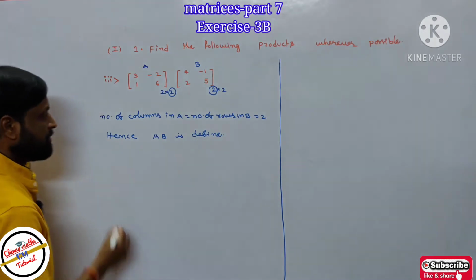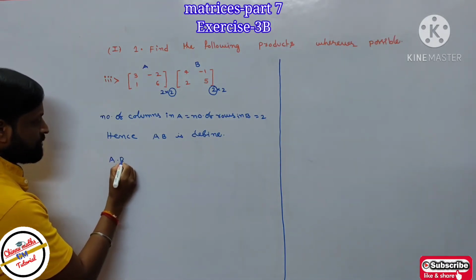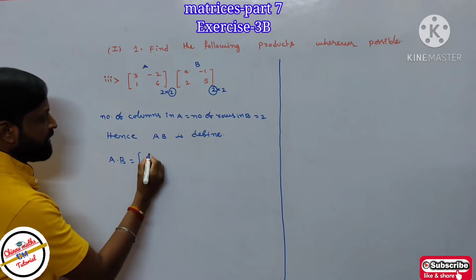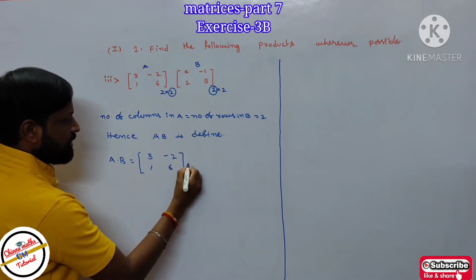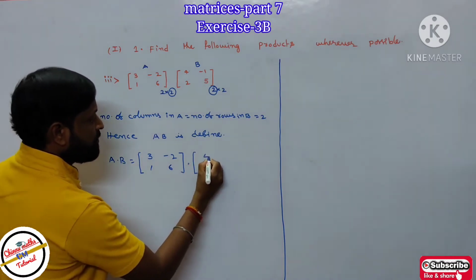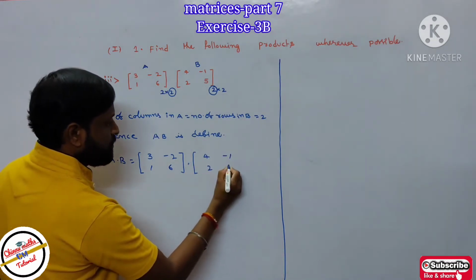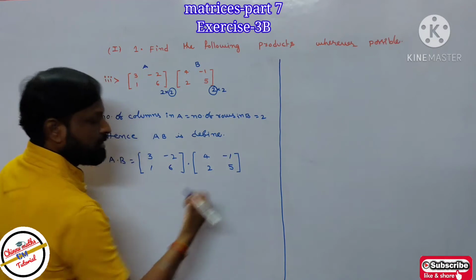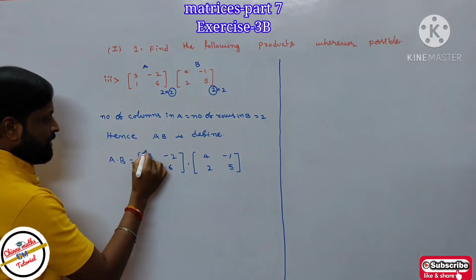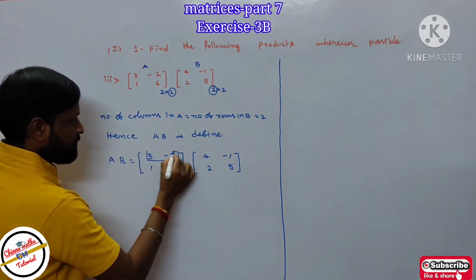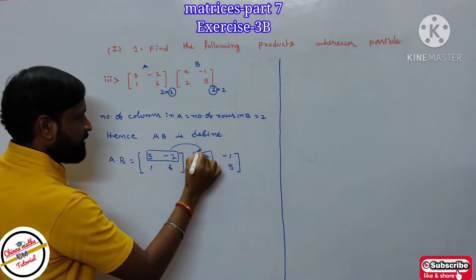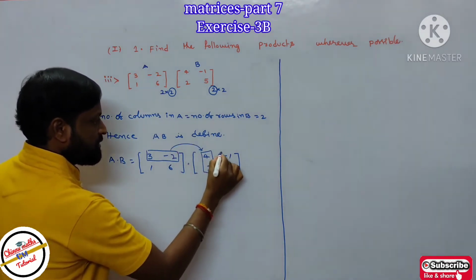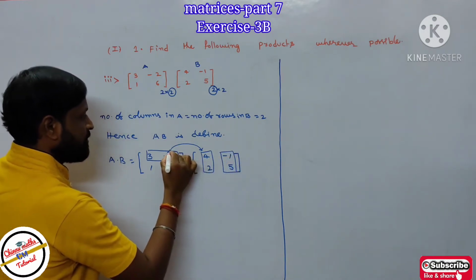Then you can multiply. The product of AB: what is A? 3 comma minus 2, 1 comma 6, into matrix B, 4 minus 1, 2, 5. Okay, then you can multiply. Take the first row and first column, then multiply, and the first row and second column.